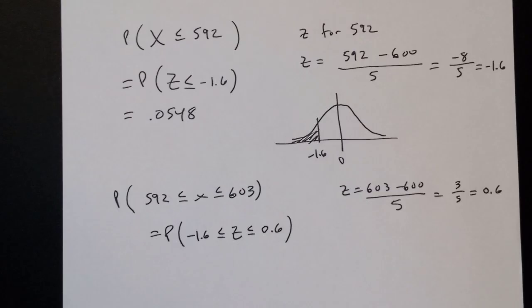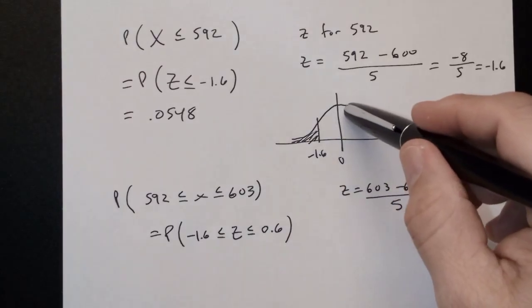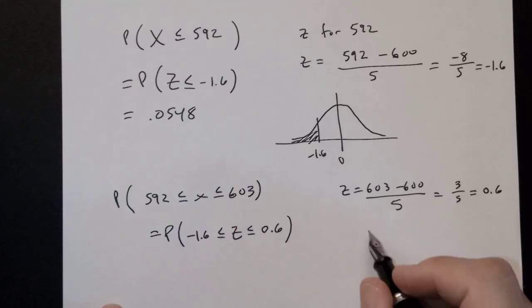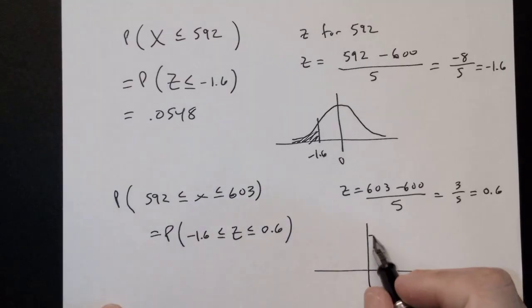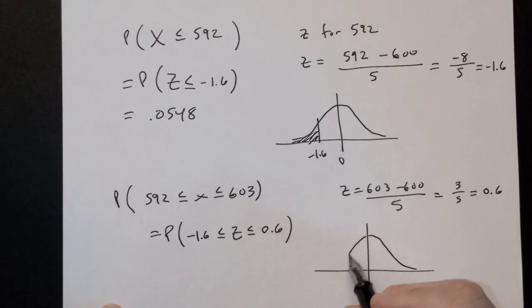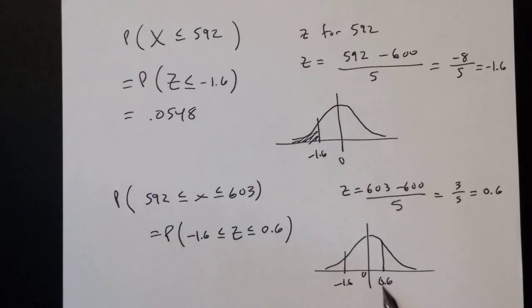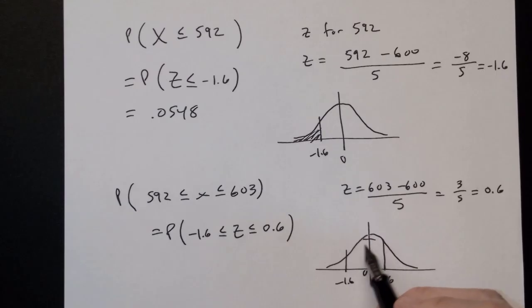I'm going to draw that same picture, but now I'm going to put both lines on it. 0.6 is going to be closer to the center than negative 1.6 is on the left. So now again, I need to shade. I want all of the region in between.